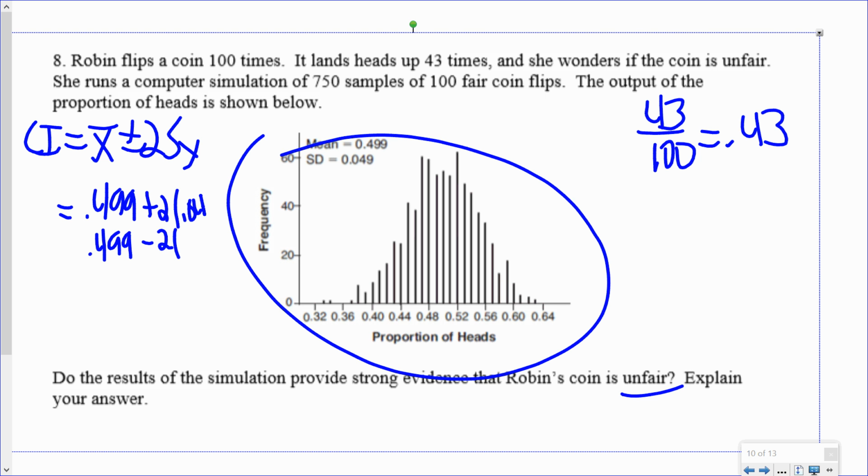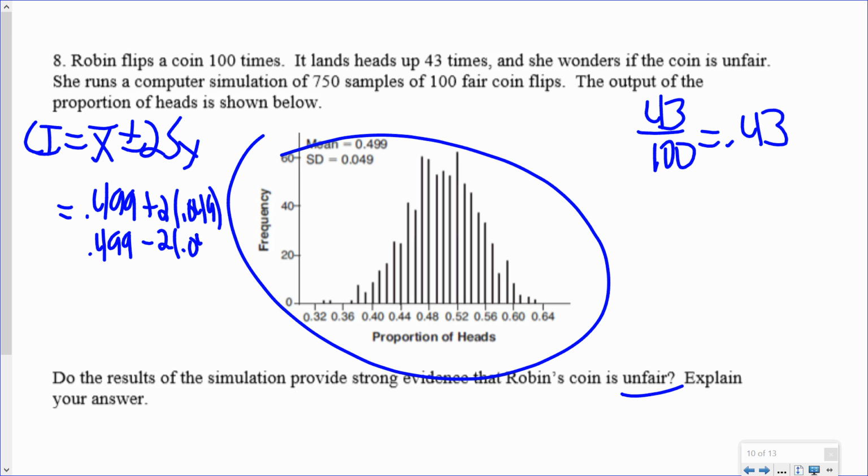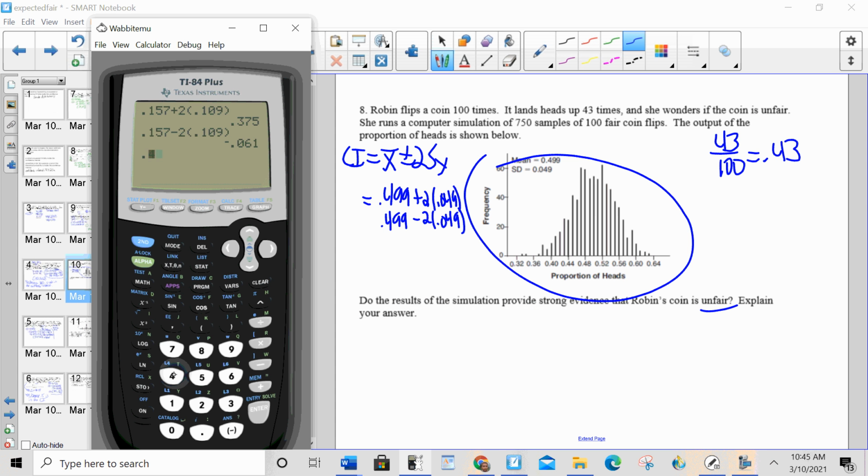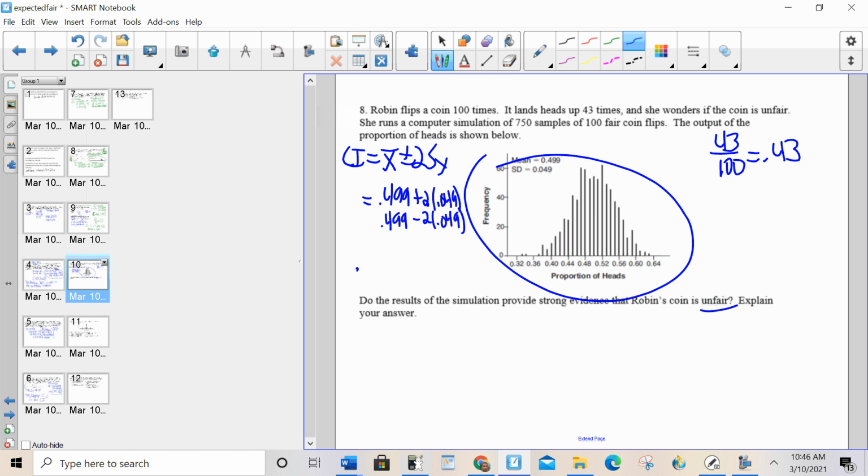The standard deviation is 0.049. So 0.499 plus 2 times 0.049, and minus. So 0.401 and 0.597.